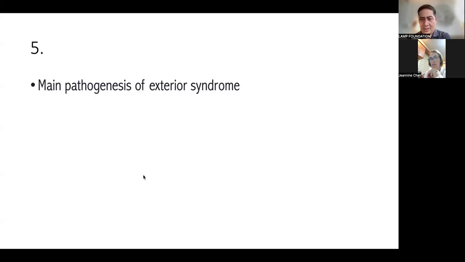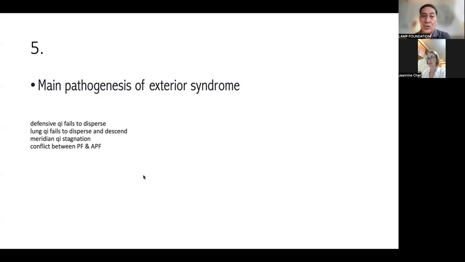How do the manifestations come about? When there is meridian chi stagnation. So basically, when you talk about the exterior syndrome, we're more particularly concerned with the channels or the meridian.